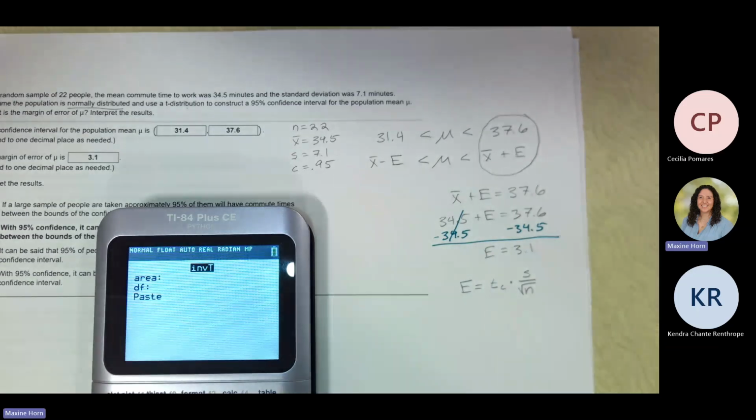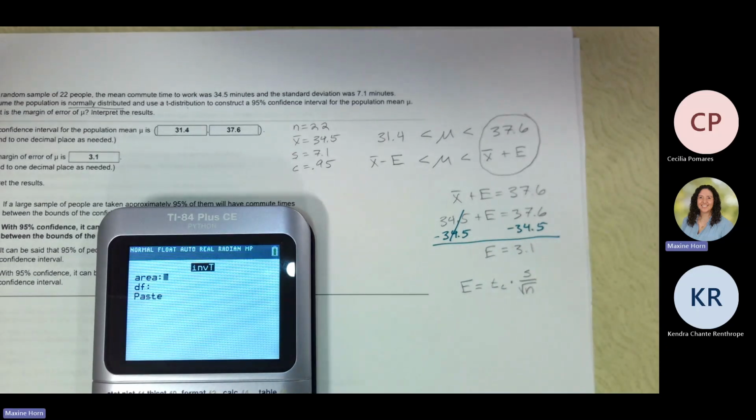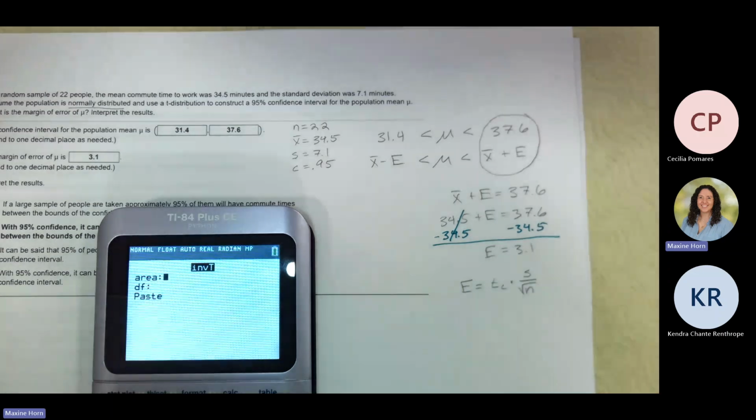So remember, when we're talking about t scores rather than z scores, we have to keep in mind our degrees of freedom. So the area is, what was the confidence level here? 95, right? The degrees of freedom is n minus 1, not n, but n minus 1.